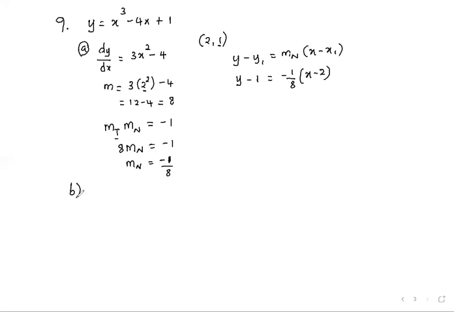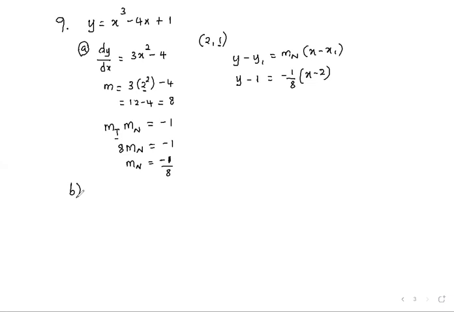So what do you think is the smallest slope? What's the smallest value this dy/dx can be? Since our x is squared, the smallest number we can get here is when x is 0, which is -4.